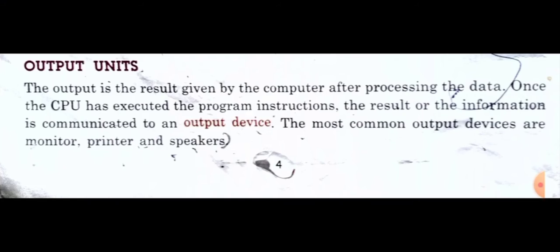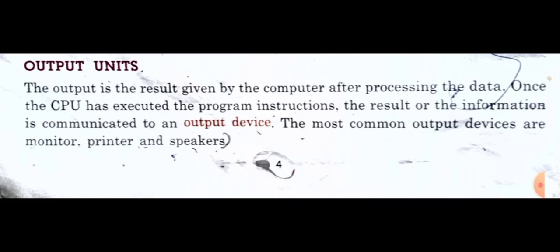The output is the result given by the computer after processing the data. Once the CPU has executed the program instructions, the result or the information is communicated to an output device. The most common output devices are monitor, printer, and speakers.